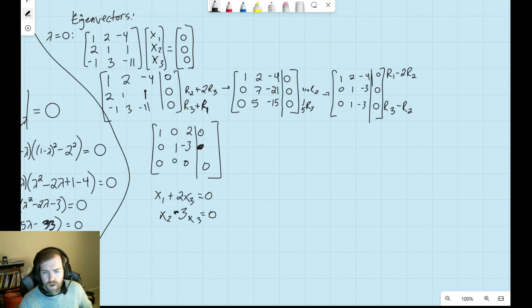So it says that x1 is equal to negative 2 x3 and x2 is going to be equal to a positive 3 x3.